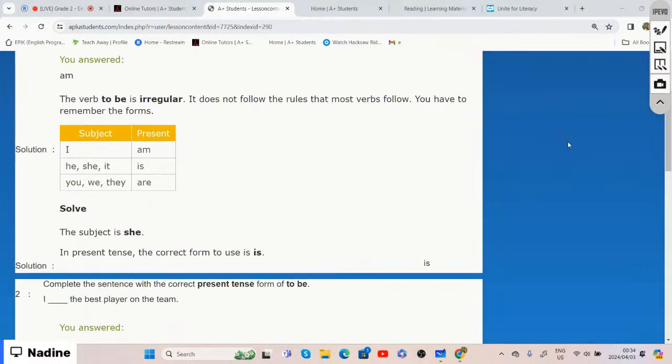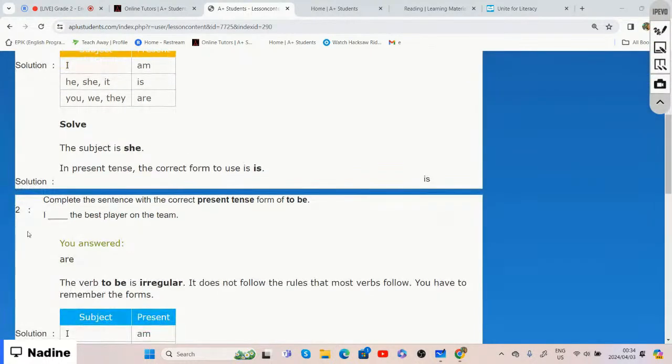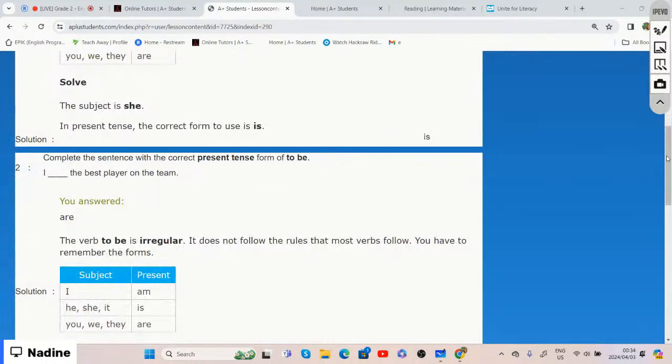Let's do one more and then we're going to our test. It says, I. Do we say I am the best player on the team, I is the best player on the team, or I are the best player on the team?